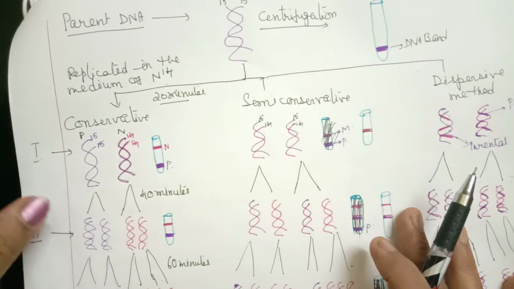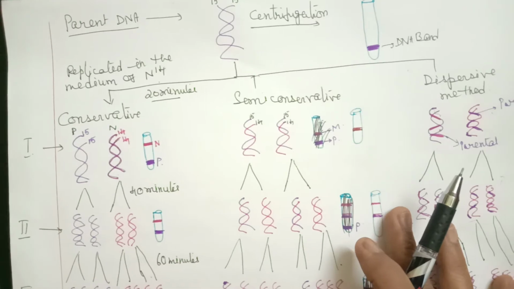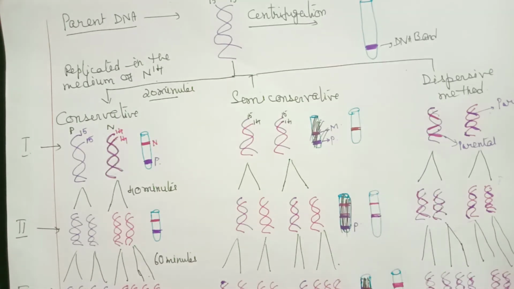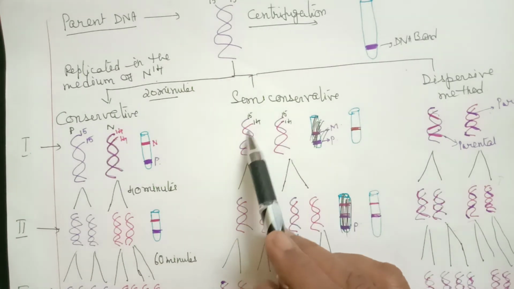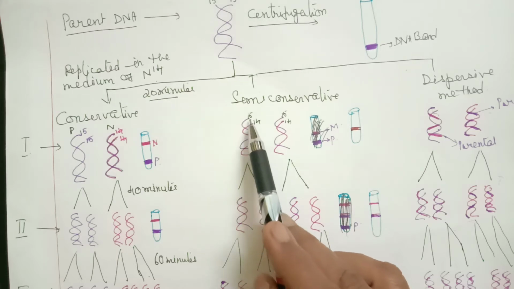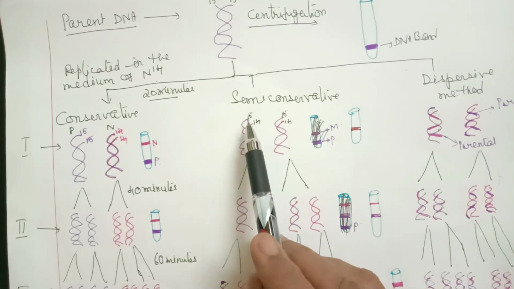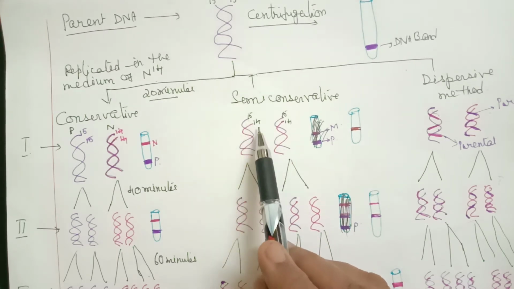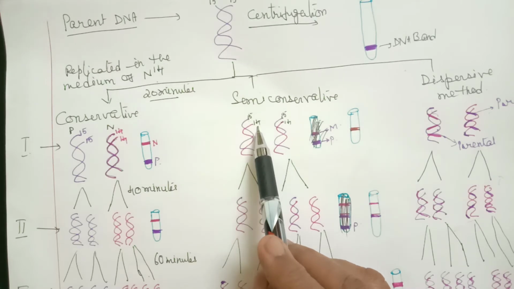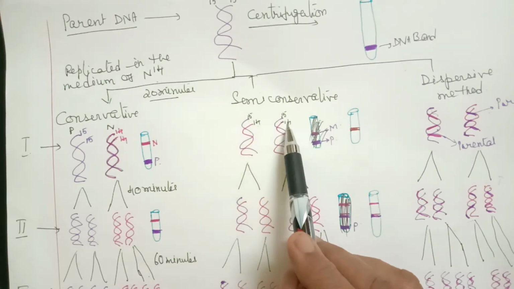Now let us say it is semi-conservative. In semi-conservative, we know one of the strands is the parent strand, another is newly synthesized. So one strand will have N15, the other strand will have N14. Similarly, N15, N14.